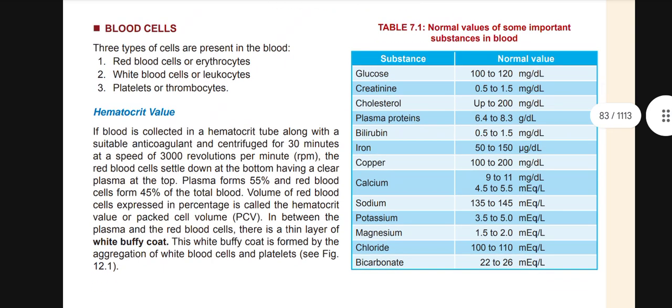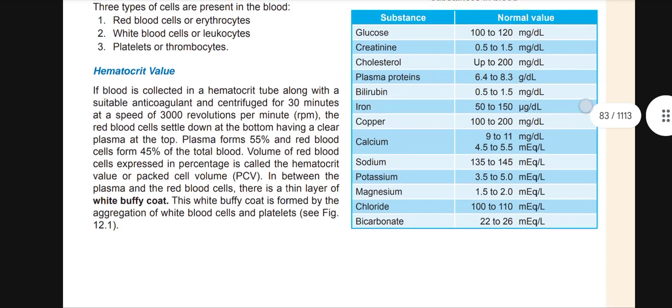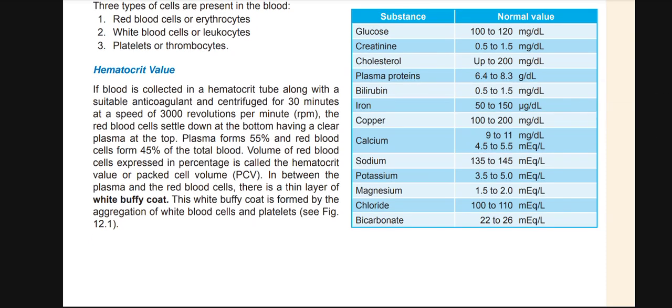Now, there are some normal values which we should know. The quantities of glucose, creatine, cholesterol, and plasma proteins you may remember. Then the hematocrit value. What is the hematocrit value and how to calculate it? First of all, we have to take a blood sample and put it in a hematocrit tube along with a suitable anticoagulant.